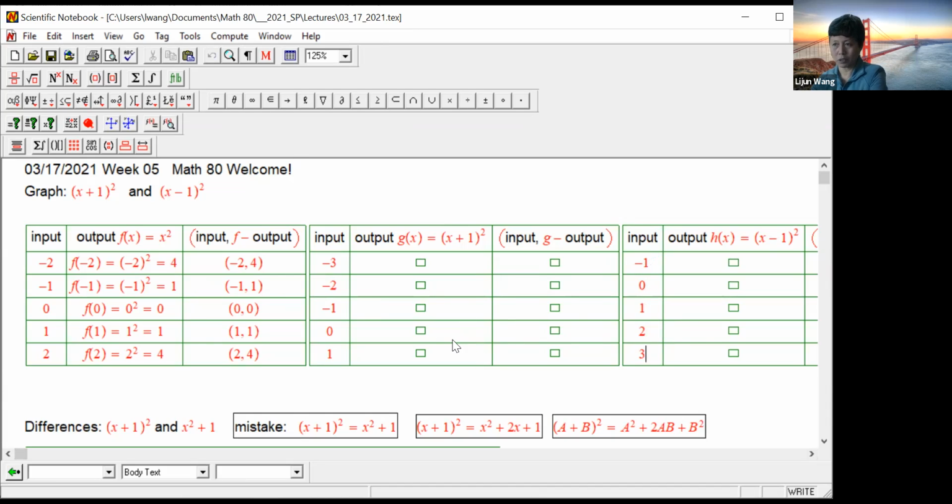New input. Examples of applying the new input.